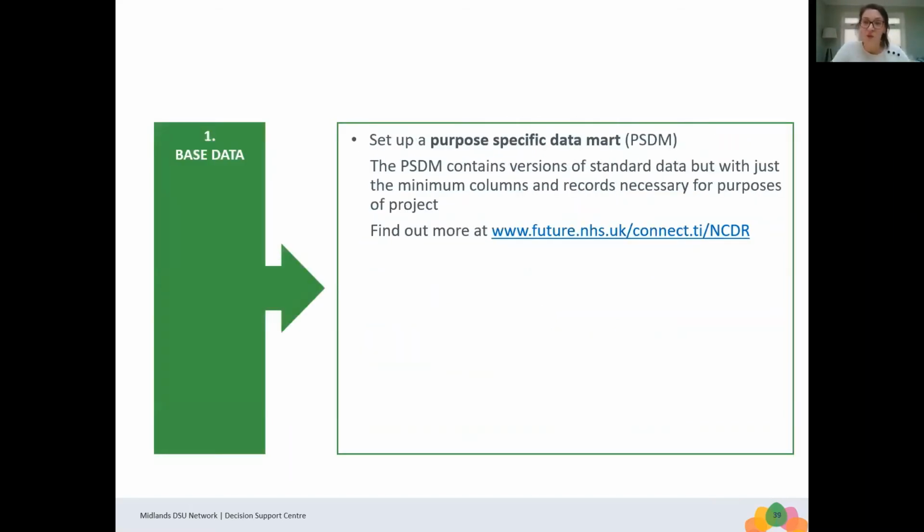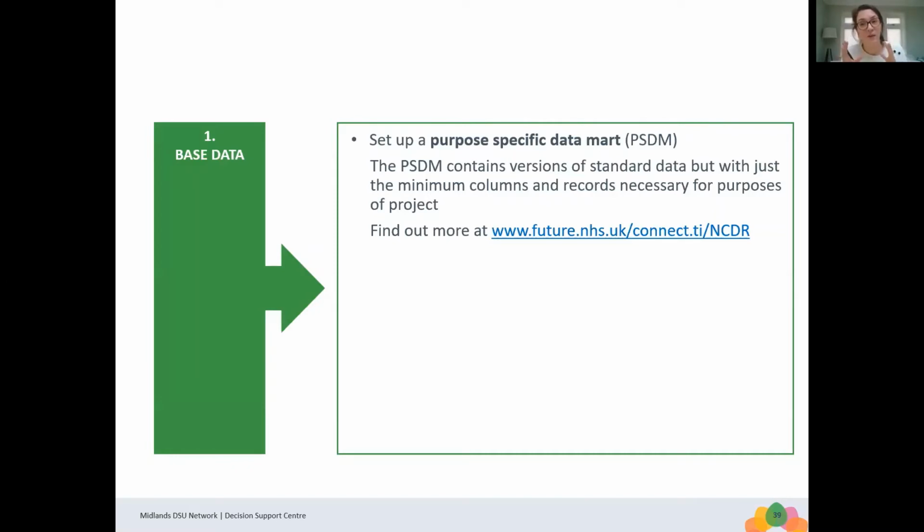Moving on to what's specific to this project. Our first task was to set up a purpose-specific data mart, or PSDM. That's basically because we're using so much data and linking it together, and in particular the mortality file, to meet the IG controls that we have to.